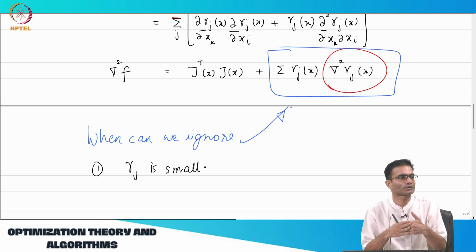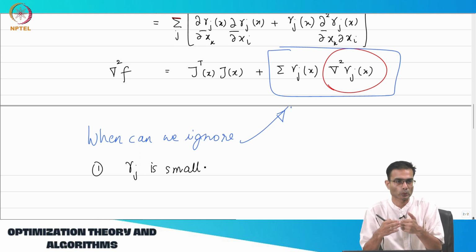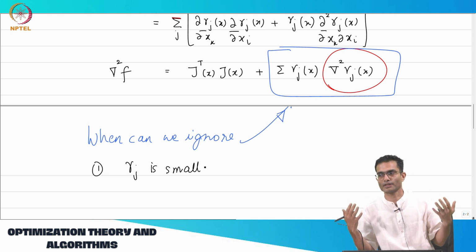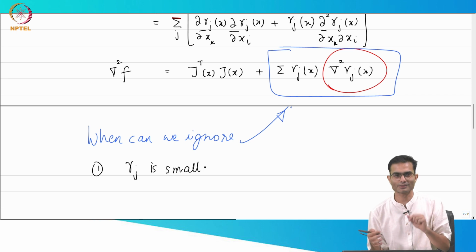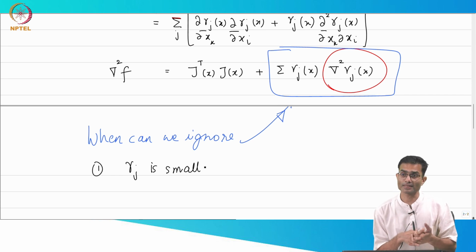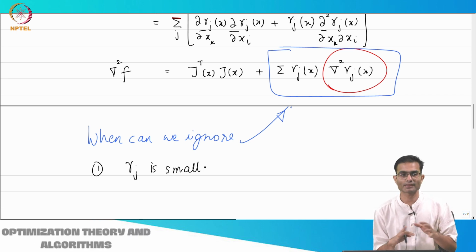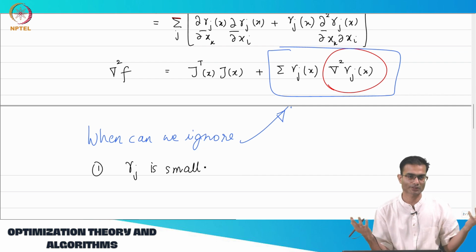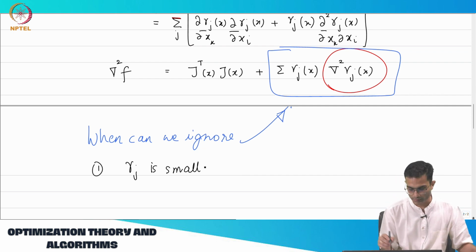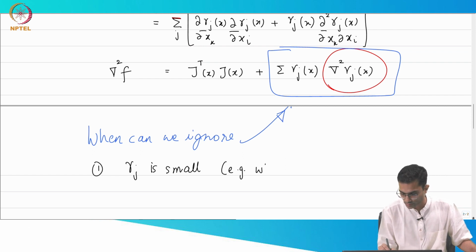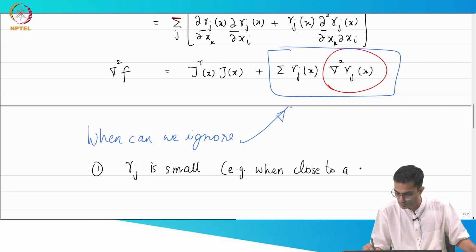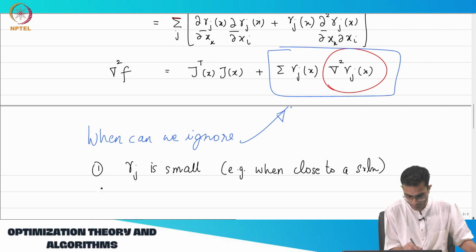If I'm near the solution, the residual is going to be low. So if I think of this as an iterative process and I'm arriving close to my solution, r_j is going to be small. That doesn't necessarily say anything about the Jacobian. Jacobian is going to be whatever. So r_j is small, for example, when close to a solution. Okay, very good.